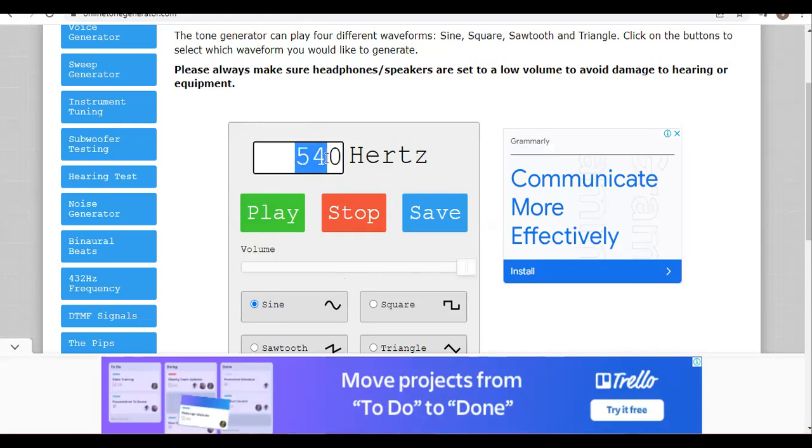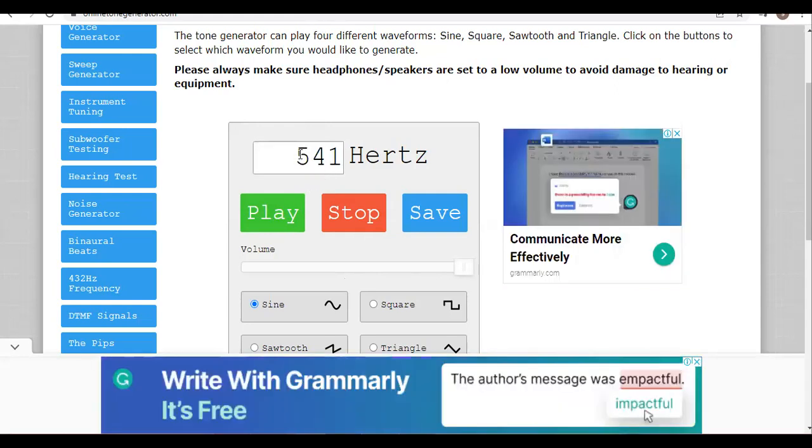Maybe I'll try to increase the frequency a little more, 600. I think this is better. Can you hear it? Yes, sir. So you can see it's going up and down.